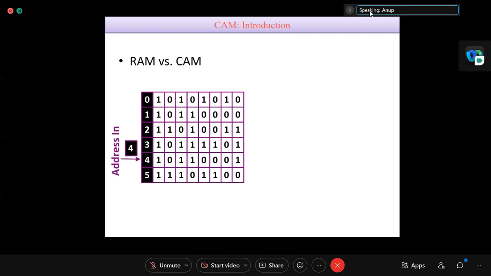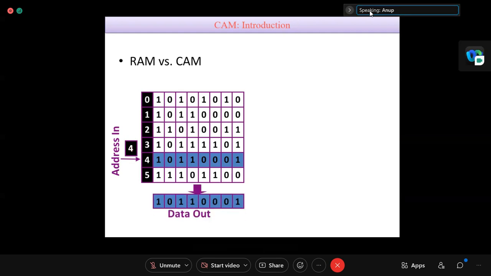In the case of RAM, the data are stored, we have to give the address, and then we get the data out.